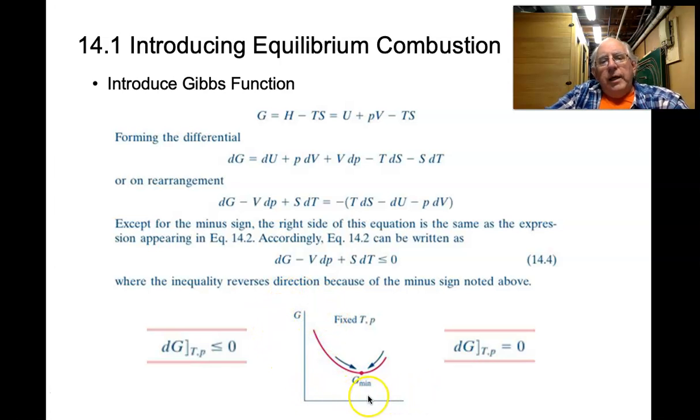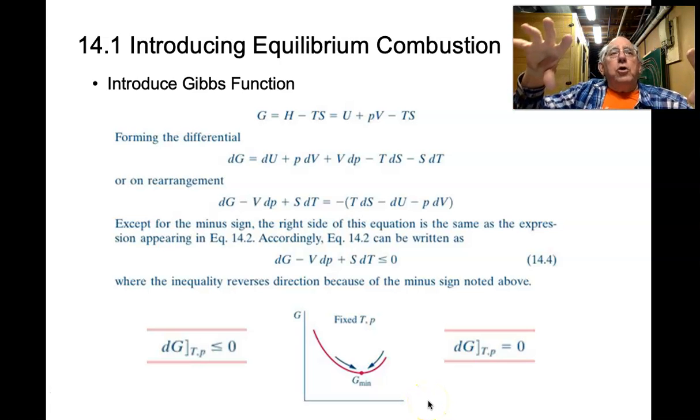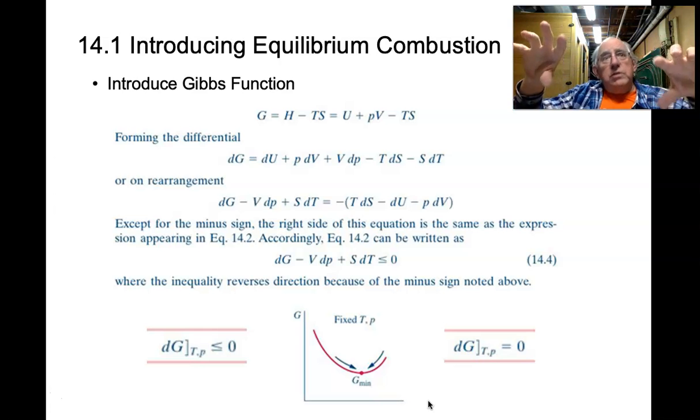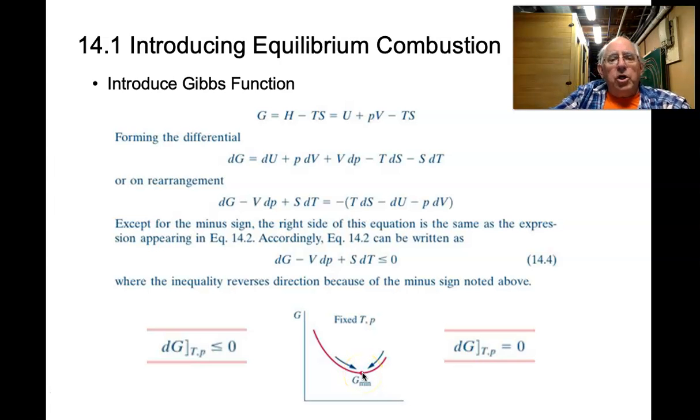As we have the tendency of going from one grouping of molecules in that mixture to other groupings of molecules in that mixture, what we find is that at a constant temperature and pressure for the overall mixture, the final condition will occur when the Gibbs function is minimized. And so the equilibrium condition corresponds to where that term is a minimum.